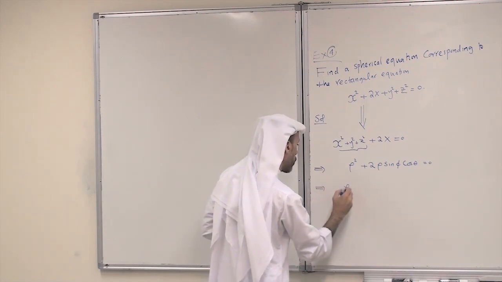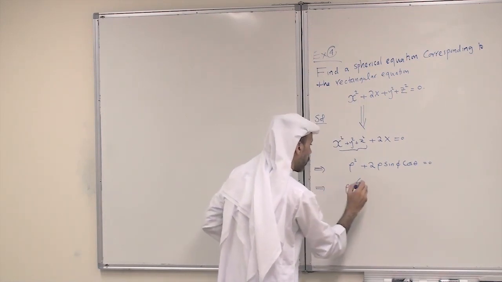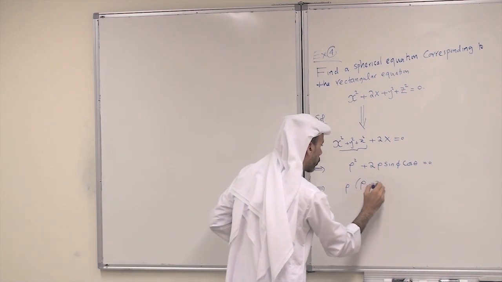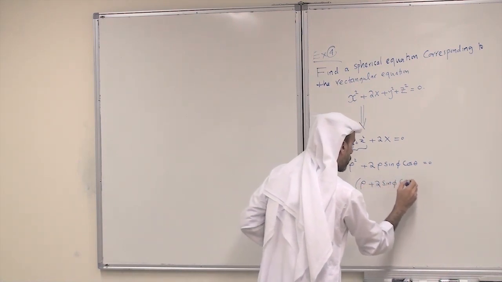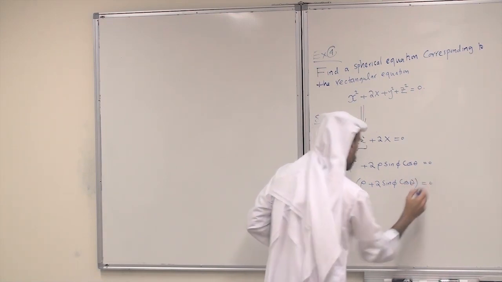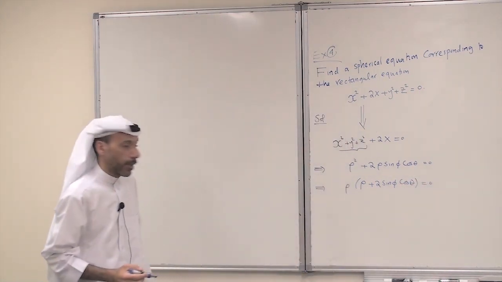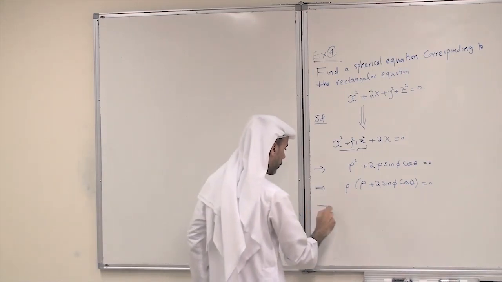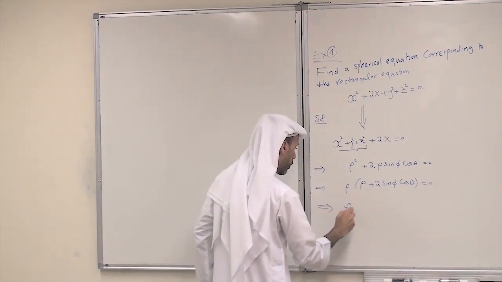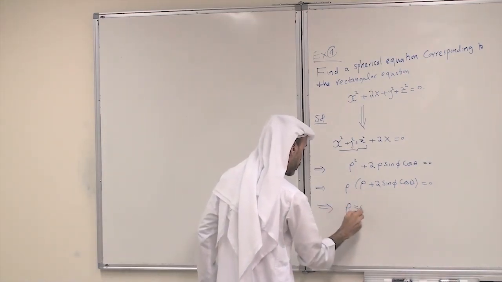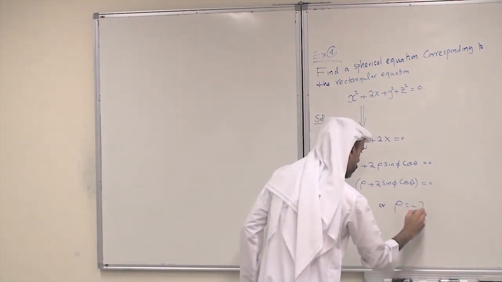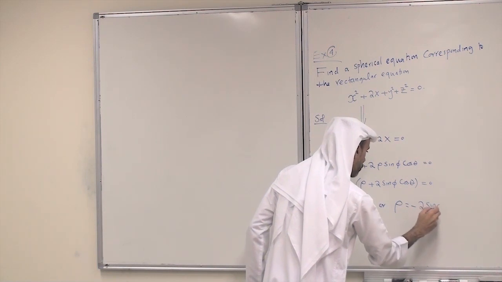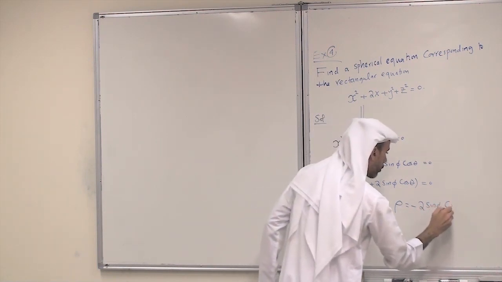So this is rho times rho plus 2 sine phi cosine theta equal to 0. And then I have either rho equal 0 or rho equals minus 2 sine phi cosine theta.